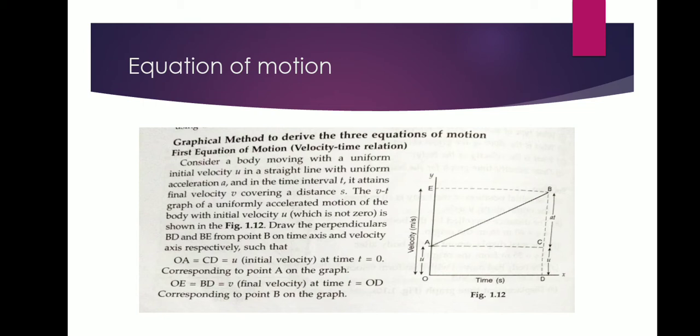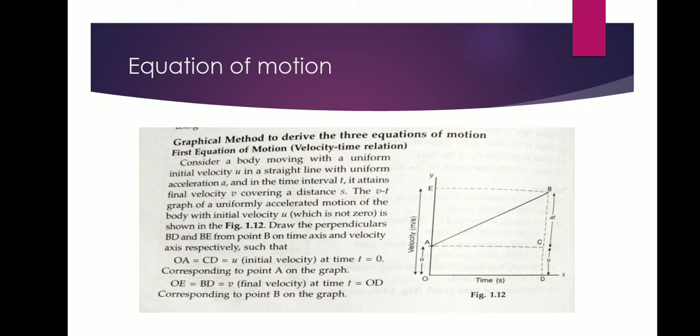That means initially our velocity is u, moving in a straight line with uniform acceleration a, and in the time interval t it attains final velocity v covering a distance s. The v-t graph of a uniform acceleration of motion of the body with initial velocity u.